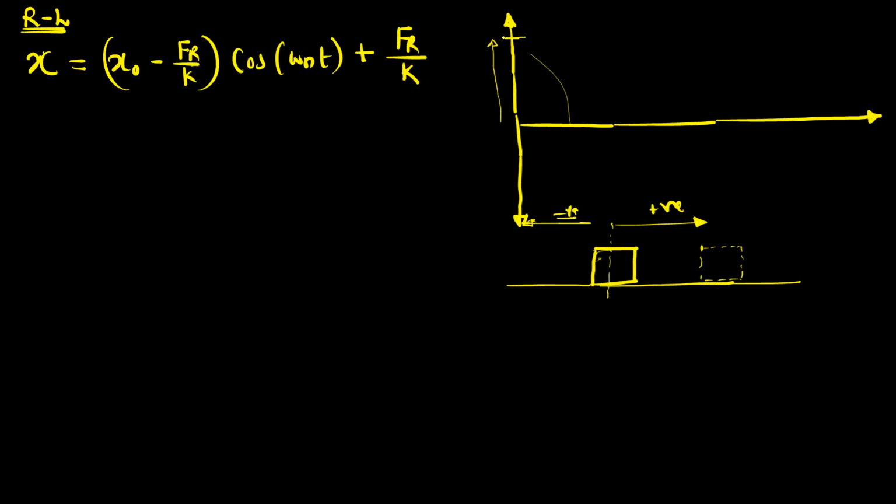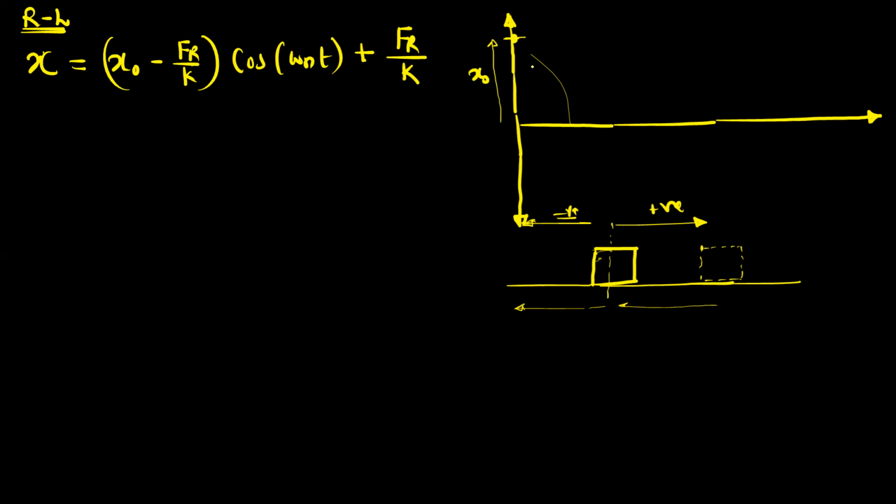So assume this is the initial displacement, which is x0. From this point, we release the mass. So it will start the motion towards the mean position. After that, it will cross this mean position and move towards the left side, that is the negative side.